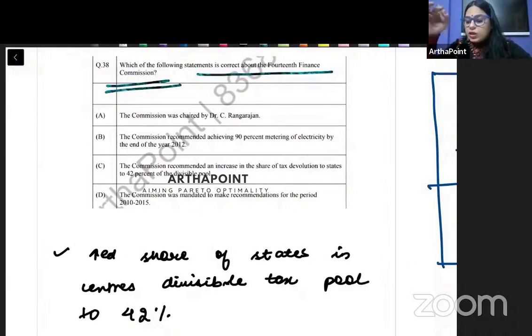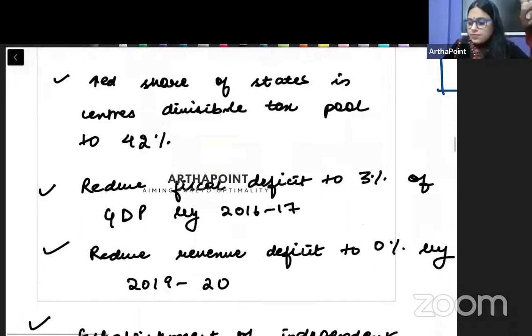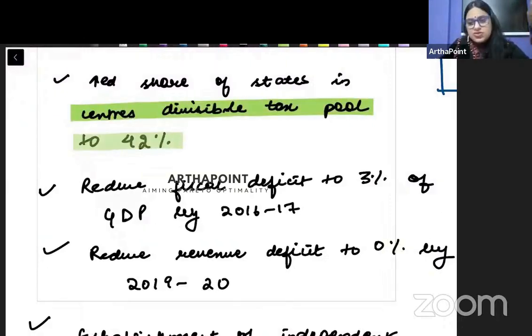So it is saying which of the following statement is correct about the 14th Finance Commission? देखो बेटा ध्यान से समझो. First of all, they increased the share of center divisible pool tax to 42%. So basically, earlier it was 32% and then it became 42%.